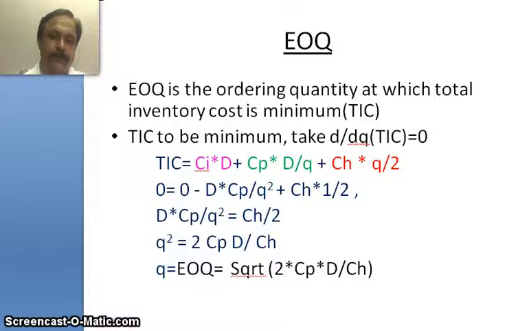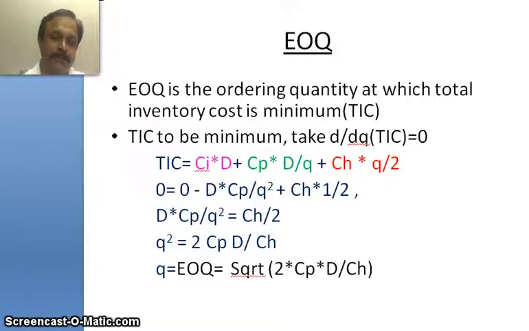Now using this total inventory cost equation, we can derive the economic ordering quantity for which the cost will be minimum. So look at the equation: TIC is equal to CI into D plus CP into D by Q plus CH into Q by 2.